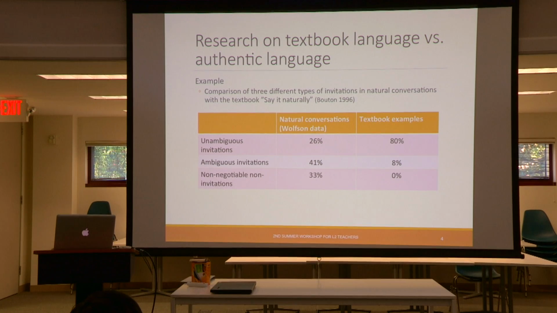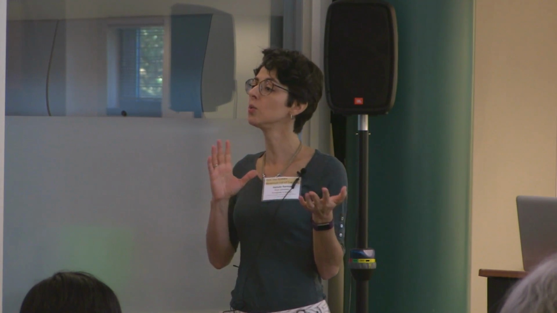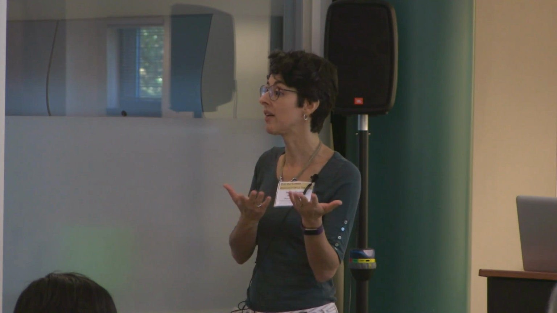an unambiguous invitation, which is the direct kind of invitation when we invite and say a particular place and time to meet. The second type is a more ambiguous type of invitation in which there is a kind of negotiation between the 2 speakers and the invitation is not made directly.